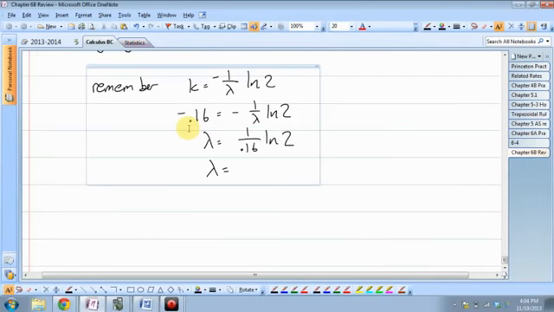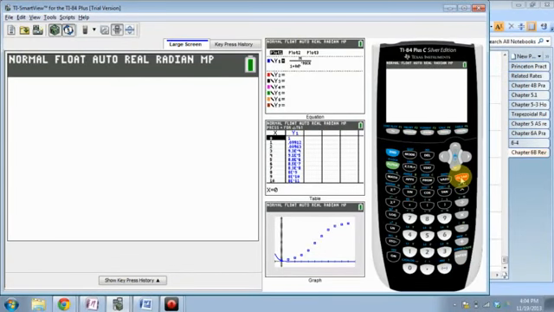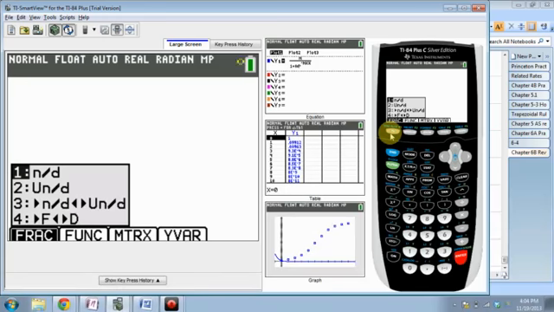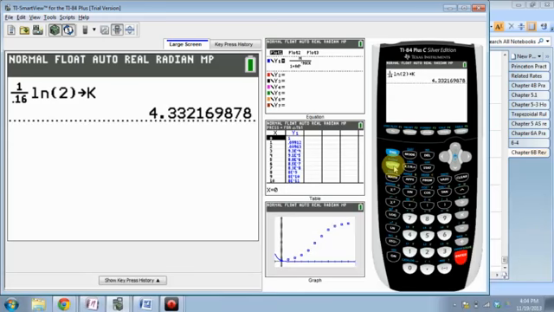Okay. Let's move on to the next one. Let's do the exact same thing. We've got 1 over 0.16 natural log of 2. Let's store that as k. No, that's not k, that's lambda.